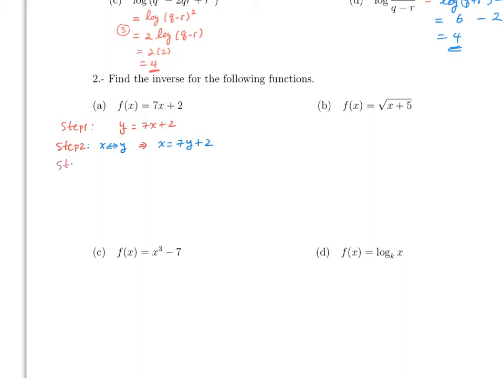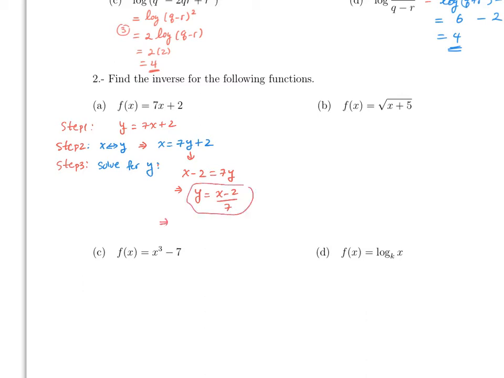And then step 3 is the one that actually requires some work: solve for y. So it doesn't matter how the question looks, you can always use these steps. From here, if we solve for y, you're going to have x minus 2 is equal to 7y, which means that y is equal to x minus 2 over 7.